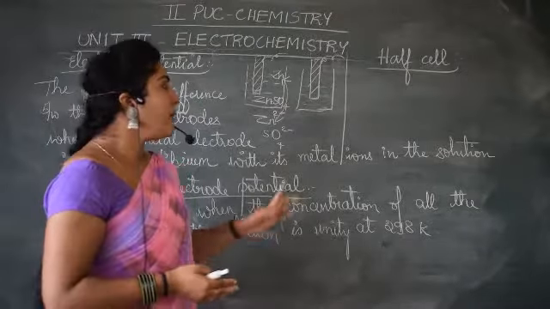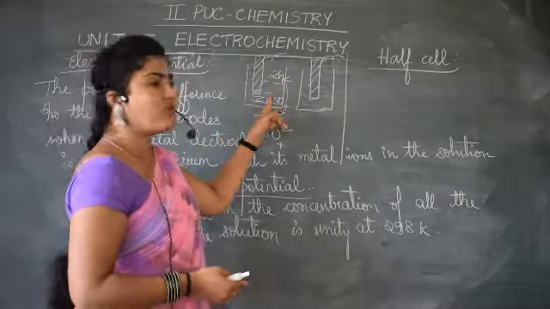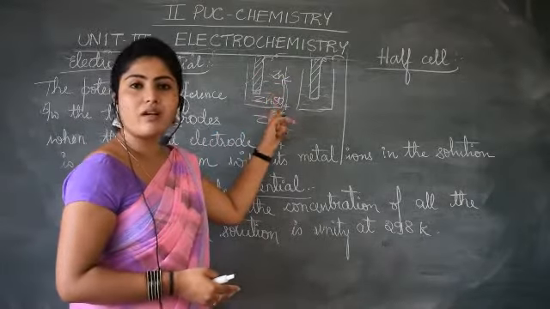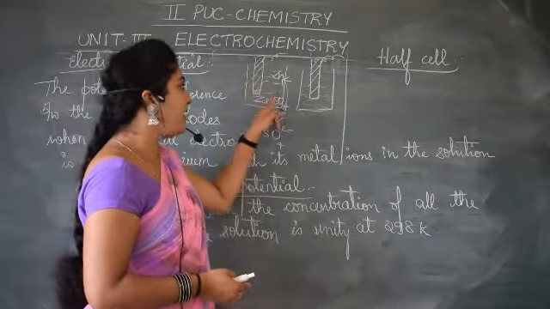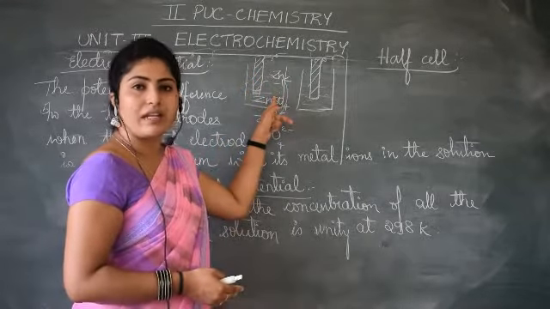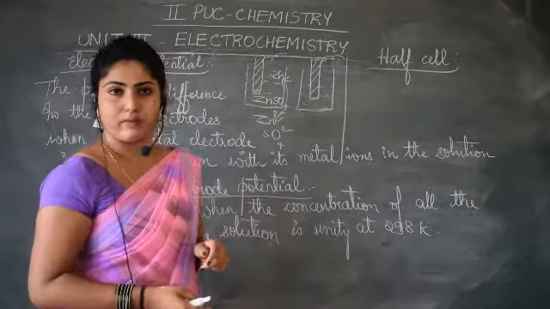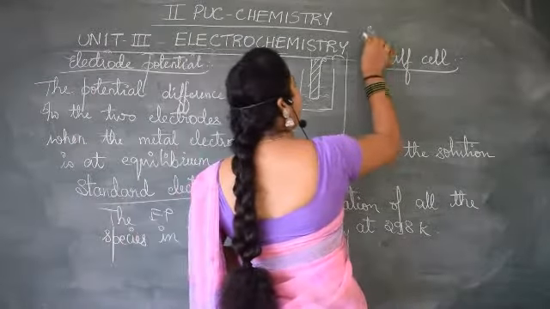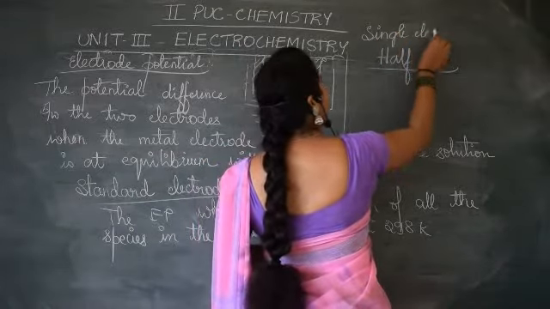You understand? So a metal, that is electrode, dipped in its own solution constitutes a half cell. The metal electrode dipped in its own solution is called one half cell, or you can also call it a single electrode.